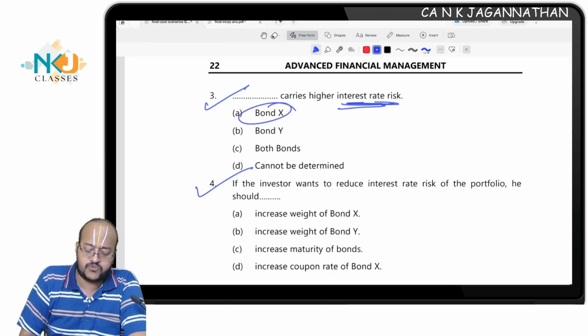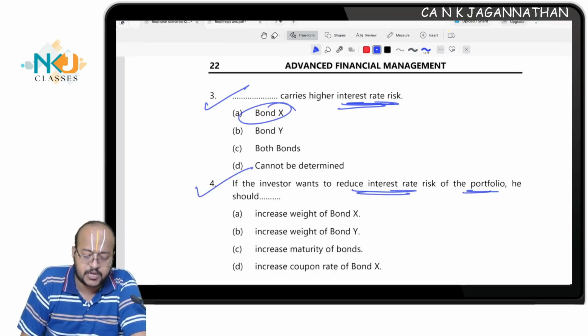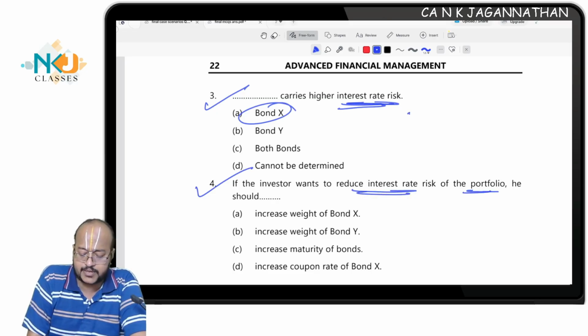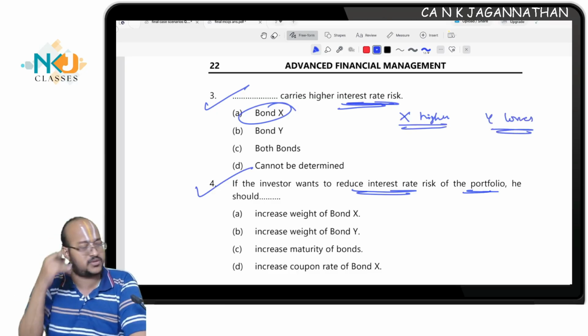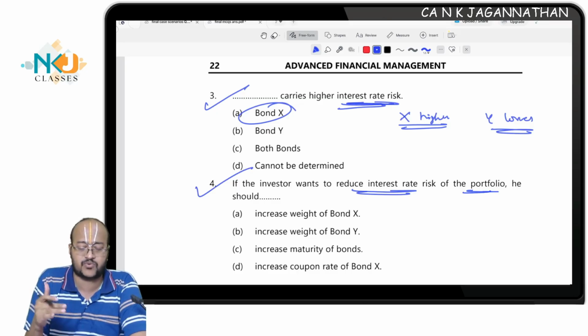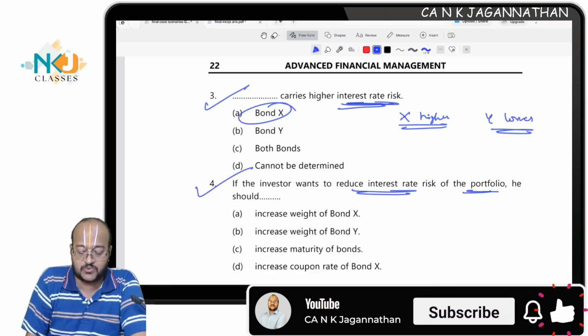Anyway, if the investor wants to reduce the interest rate risk of the portfolio, he should increase the weight of... see, in this case, duration of bond X is higher, bond Y is lower. After computing the data given, I don't want to compute here, there are big solution steps involved. I don't want to do that again and again in the MCQ discussion.